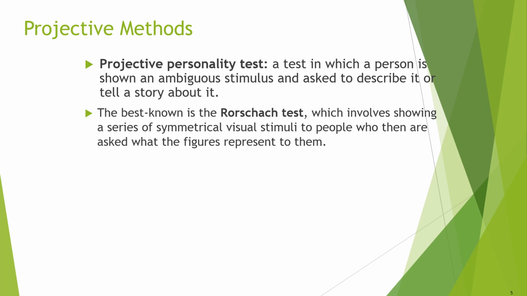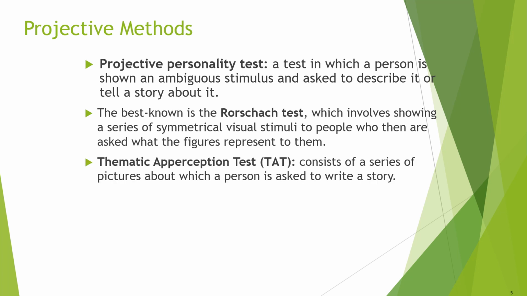Another type of projective personality test is the TAT, or the Thematic Apperception Test. This consists of a series of pictures about which a person is asked to write a story. So, similar to the Rorschach test, except with the Thematic Apperception Test, it is an actual figure. It is not nonsense.